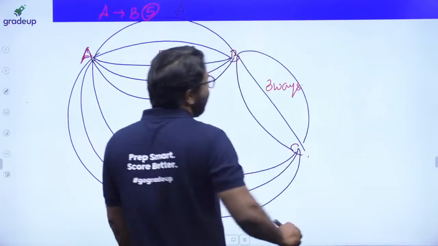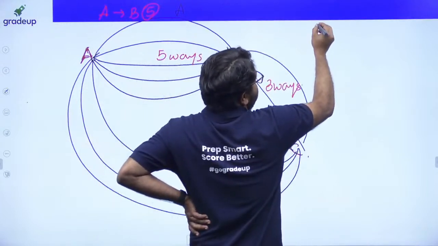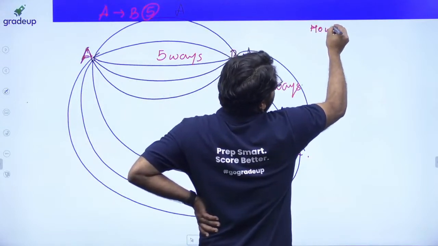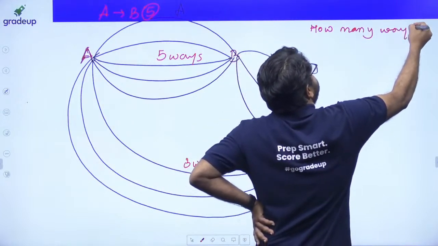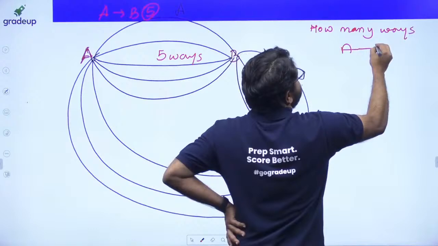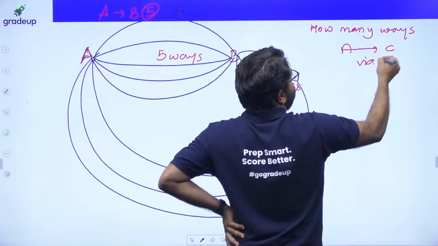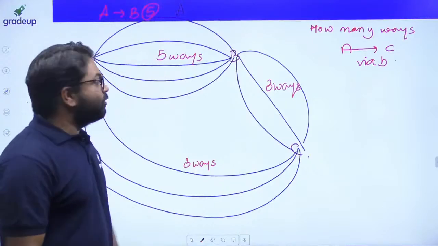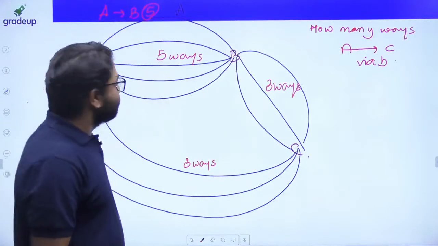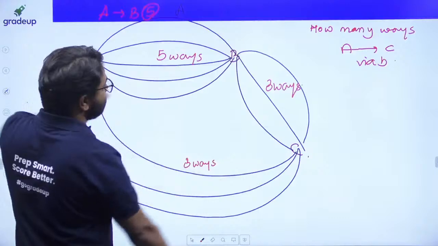Now suppose I ask you how many ways we can go from A to C via B. Let's consider this particular question. Suppose I want to go from A to C via B.